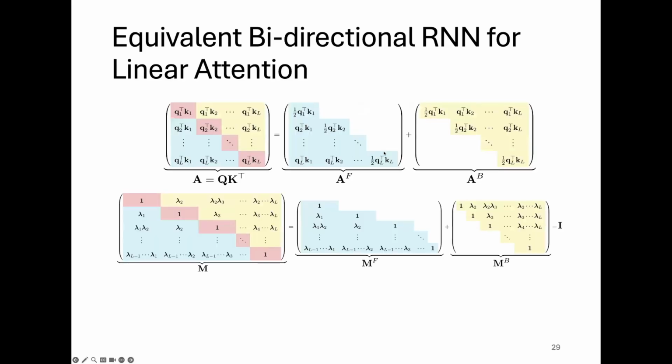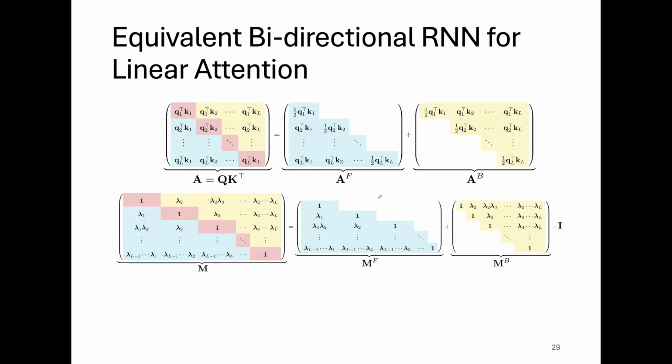As we can see here, I don't know if my cursor is visible, but the A_F, the blue A, multiplied by M_B, I mean the Hadamard product, only consists of the diagonal terms.